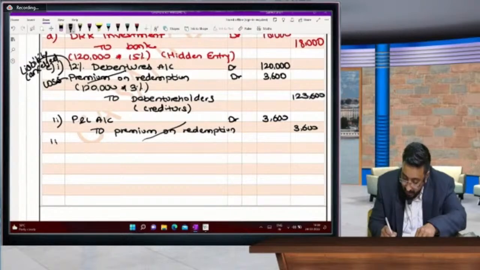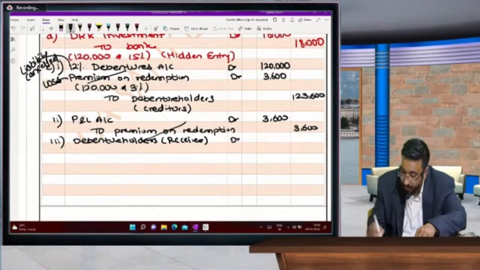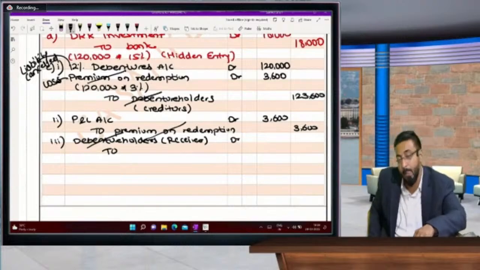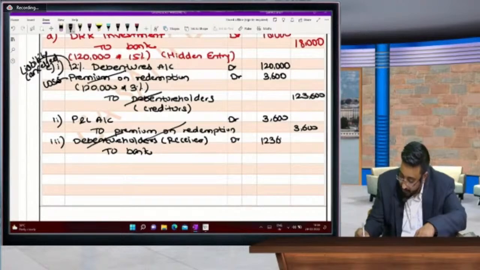And creditors becomes receiver. So debenture holders account debit as their receiver. Creditors becomes receiver. Debenture holders account debit to bank. 1,23,600.